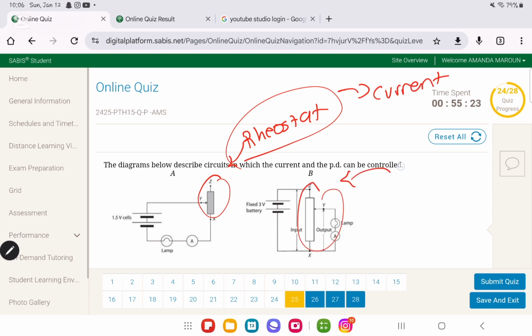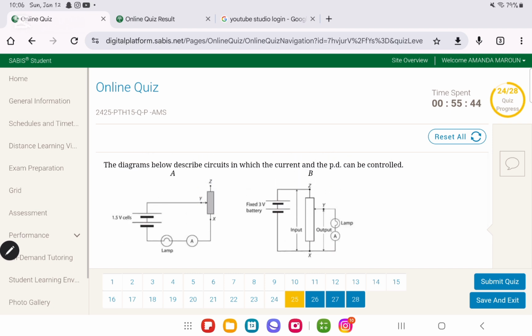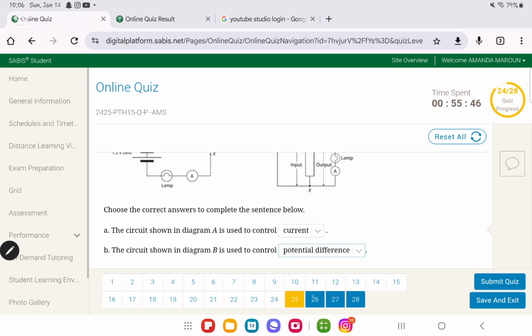If it's bigger, then it's a potentiometer, which is used to control the voltage. So the first one, in A, it's smaller, so it's used to control the current, and in B, it is used to control the potential difference or the voltage because it is bigger.